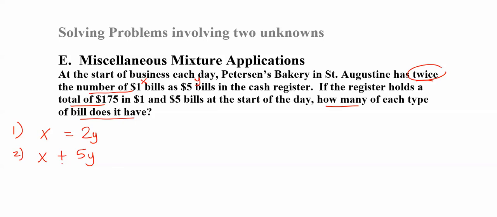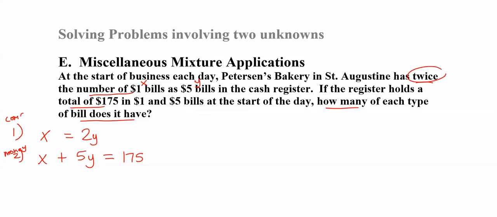So I have $1 for each X, $5 for each Y, and that equals my total amount of money, which is $175. So this right here is my total money. The first one was my comparison.